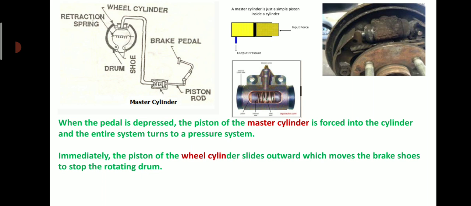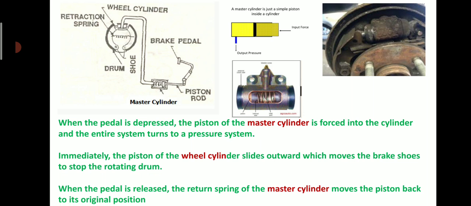Immediately, the piston of the wheel cylinder slides outward, which moves the brake shoes to stop the rotating drum. When the pedal is released, the return spring of the master cylinder moves the piston back to its original position. So this spring at the center plays the important role of moving the piston back to its original position.